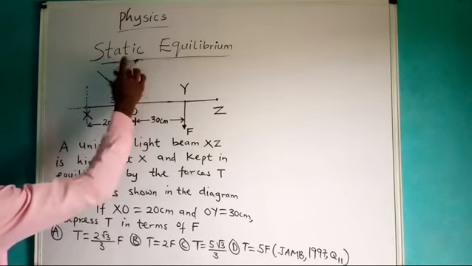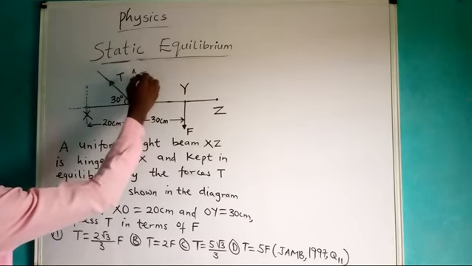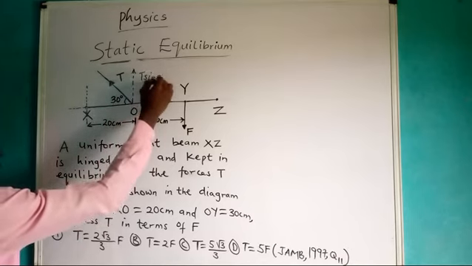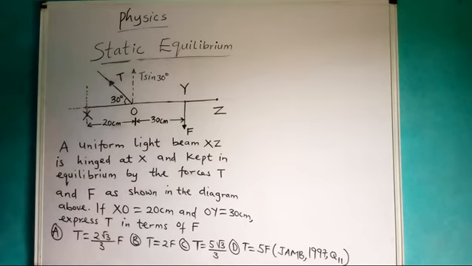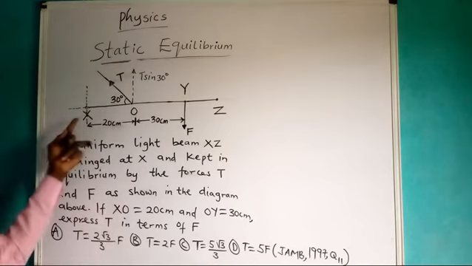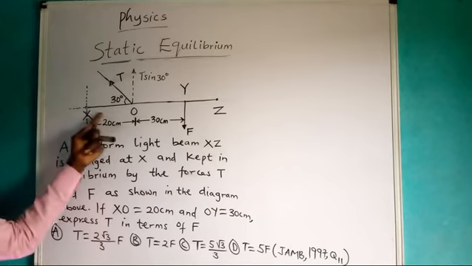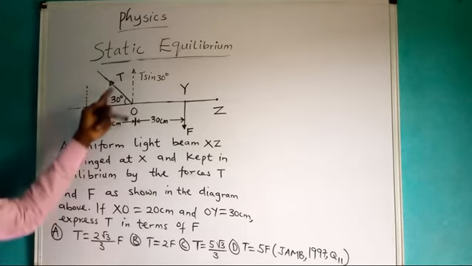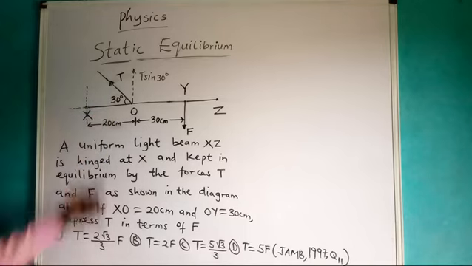For this one, I will have T sine 30 degrees. At this part here between O and S, I think we're supposed to have T cos 30 degrees here, because this T will have an effect here as well.